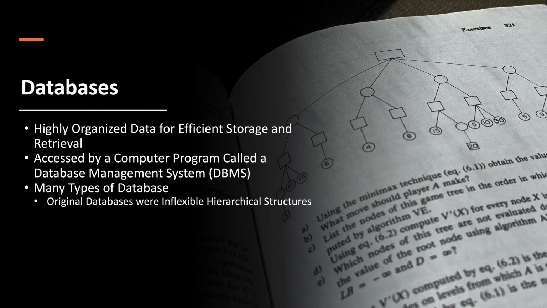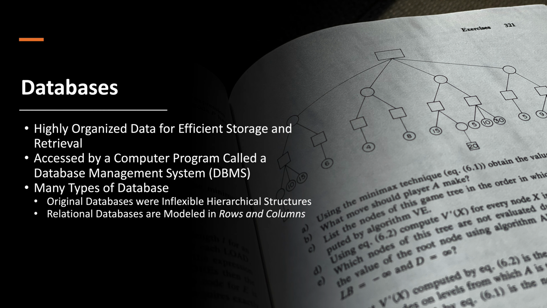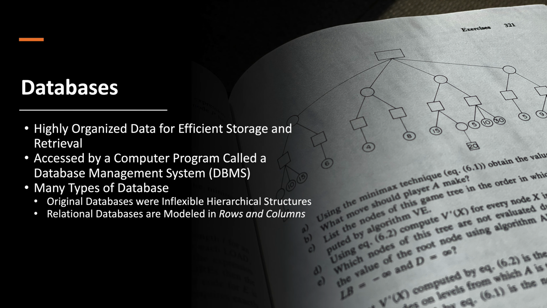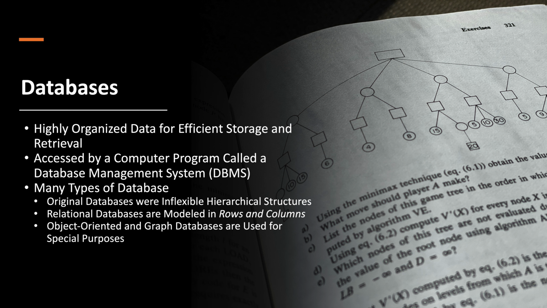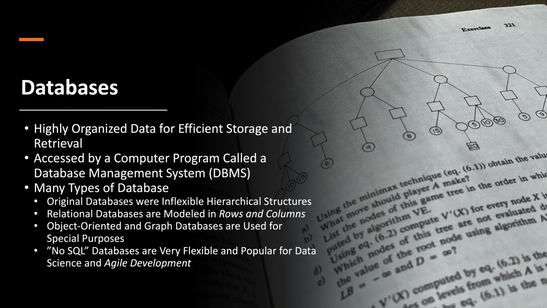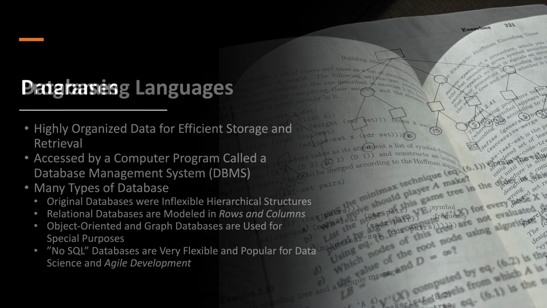First, real databases were hierarchical and very rigid. Later, relational databases came around, allowed a lot more flexibility. Later on, specialized databases, and that includes object-oriented databases in the 90s, graph databases as well, and most recently, NoSQL databases. They're very flexible, store documents, and they tend to be very popular for data scientists.